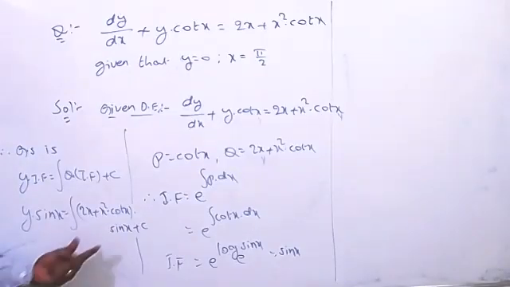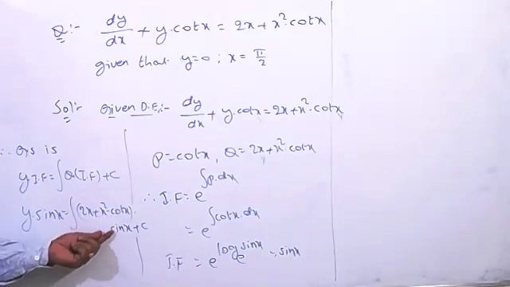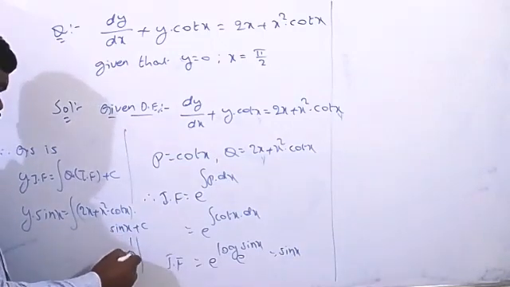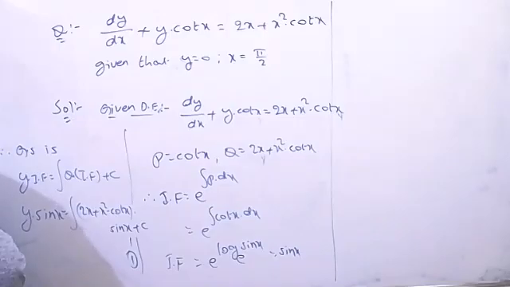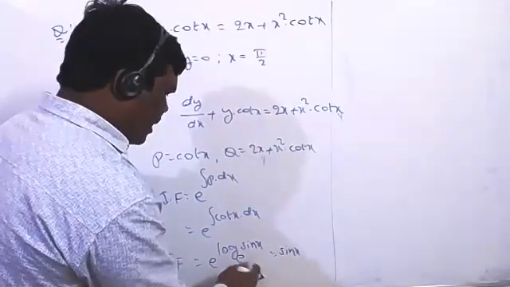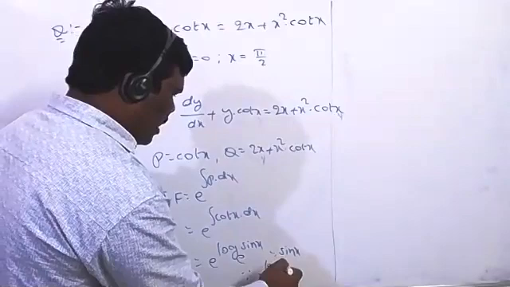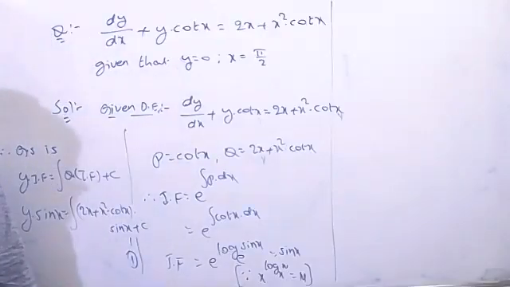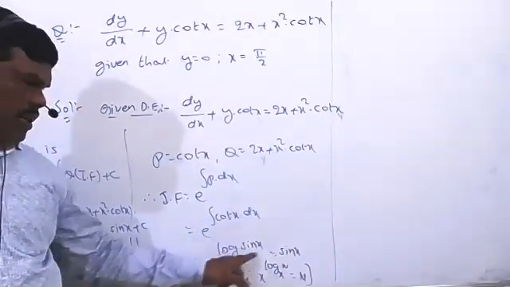Or you can take directly the property x power log n to the base x is always n. These two bases will be equal. Directly, this is the answer.